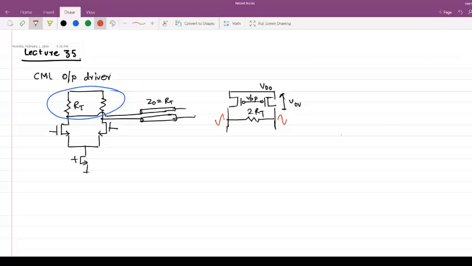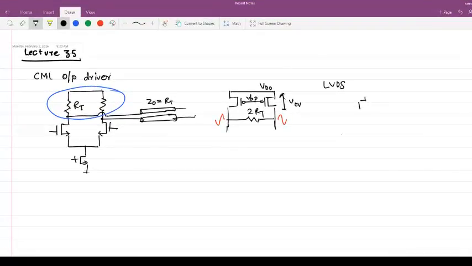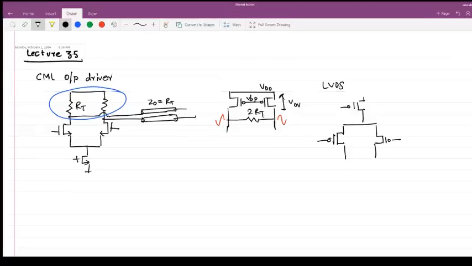A very special case of this, which you would have heard of, is LVDS signaling, where you have a PMOS current source and then a PMOS signaling. Whatever you see at the bottom, you see the same thing at the top.